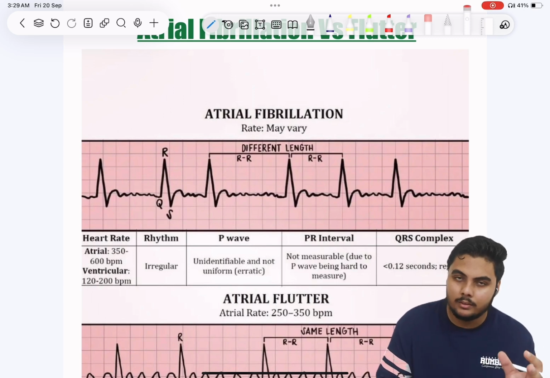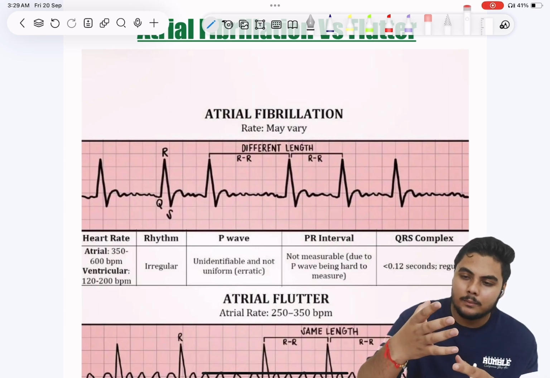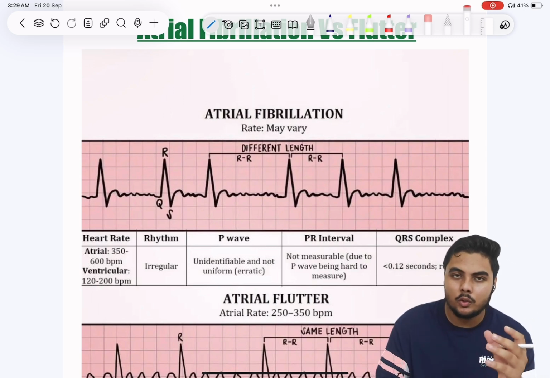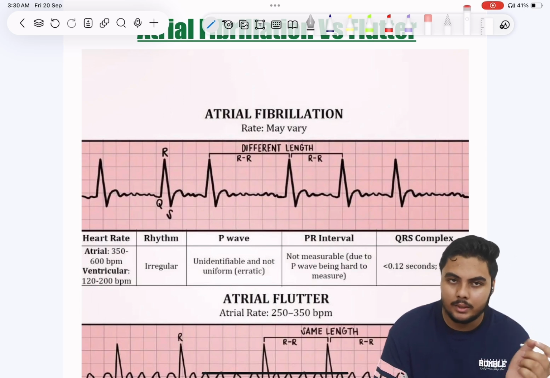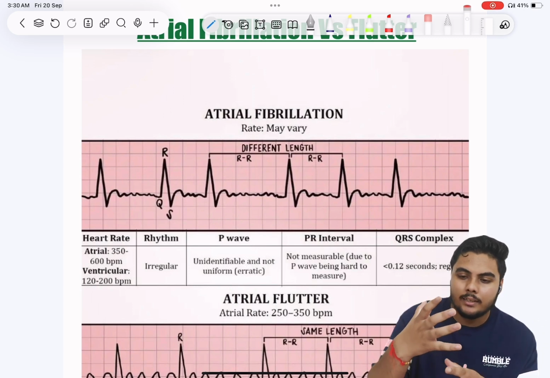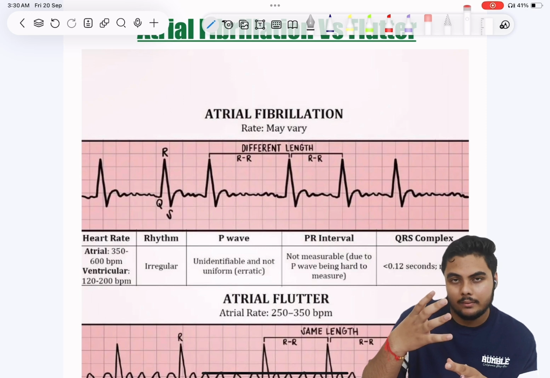In case of atrial fibrillation and flutter, what happens is there are ectopic generation of impulses, right, in the atria itself. So there are multiple sites where impulses are generating, as a result of which the atria contracts incompletely. So instead of contracting like this, it contracts like this.